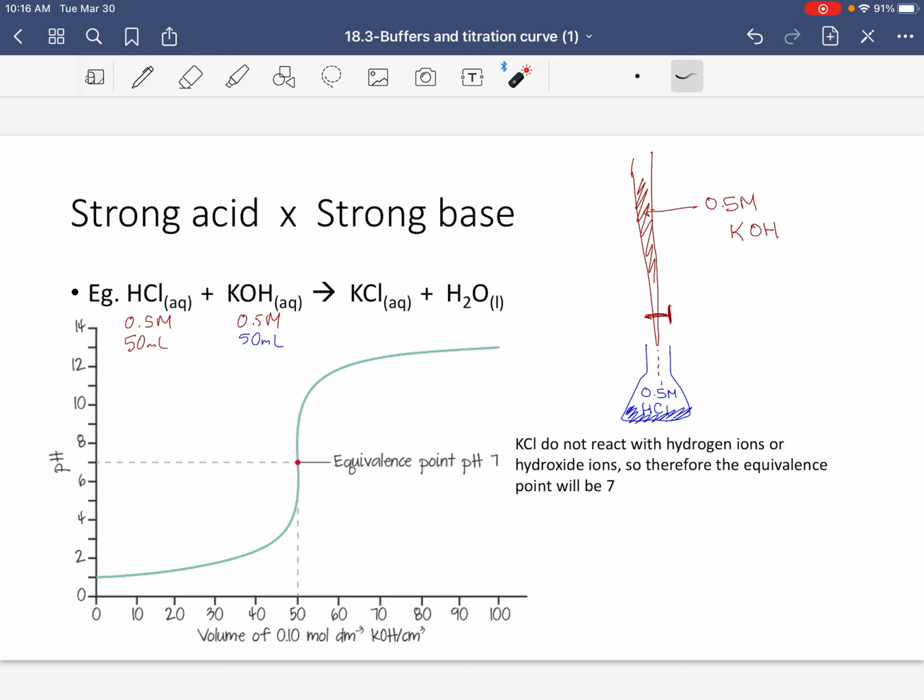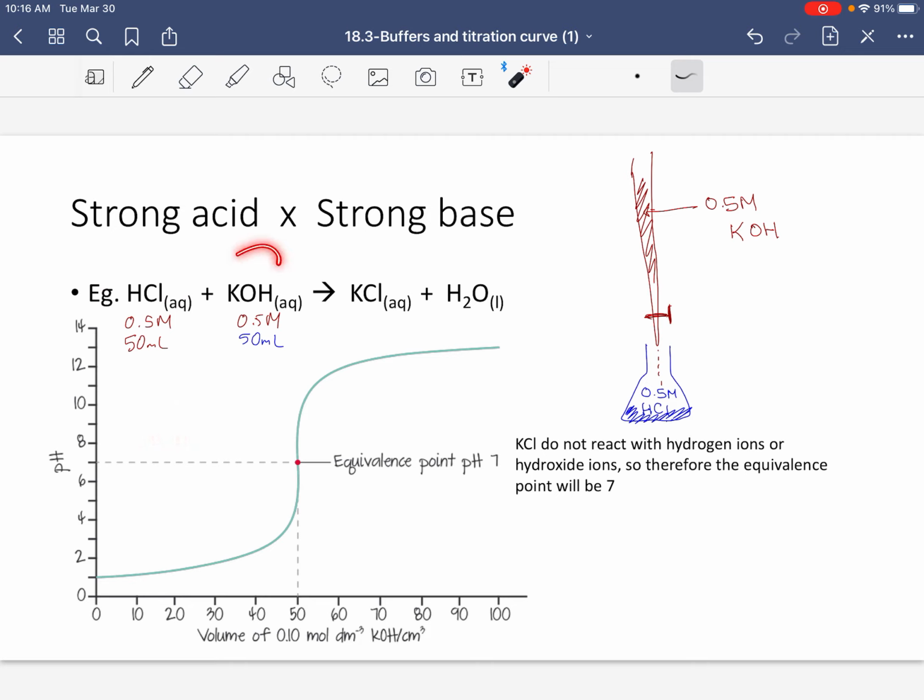What we're interested in is the pH. For a strong acid and strong base titration, the pH is going to be 7, which is neutral. The reason for this is that all of the HCl has reacted, so there's no more H plus floating around.